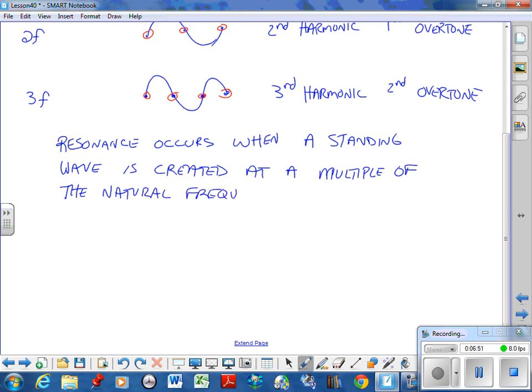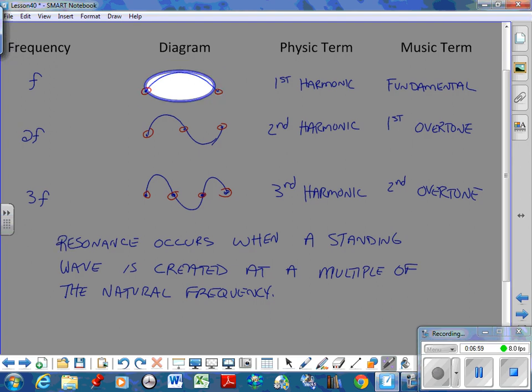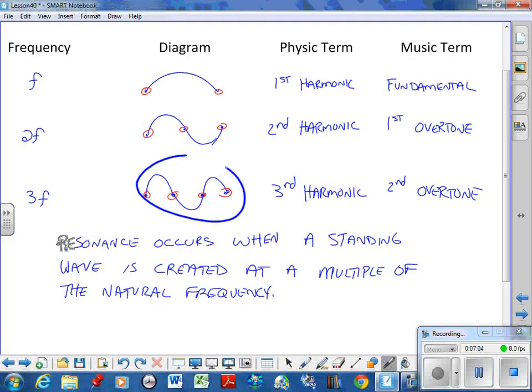And that's what we're talking about above here in that diagram. I'm talking about this being the first natural frequency, all right? And here's a multiple of that natural frequency and a multiple of the initial frequency. So we're just looking at multiples of that natural frequency.